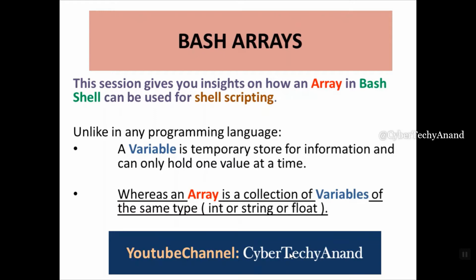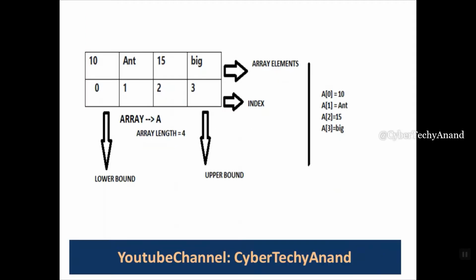Okay. Now, let us dissect the array, like how an array looks. If you see these boxes, the first row, 10 and 15, they are called array elements and they are referenced by index 0, 1, 2, 3.